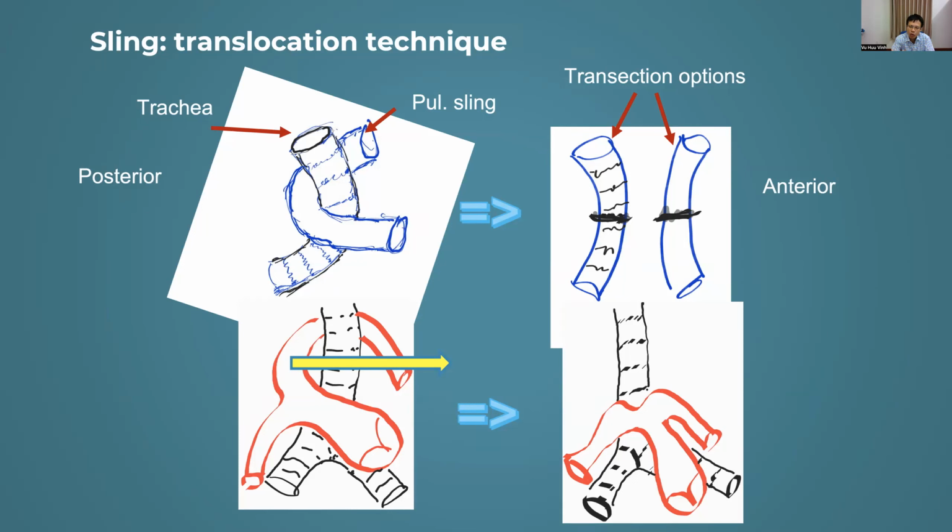But the main point is that the trachea is always transected, so it's not necessary to transect the pulmonary artery. After transecting the trachea, we bring the sling anteriorly and relocate it to the normal position like the last image.